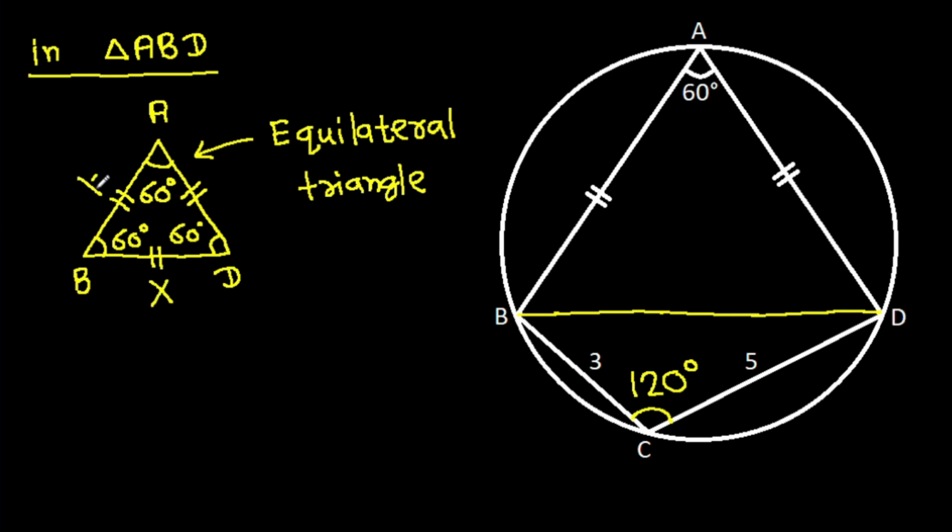Suppose X. So if AB is X, then AD will be X and BD will be X.